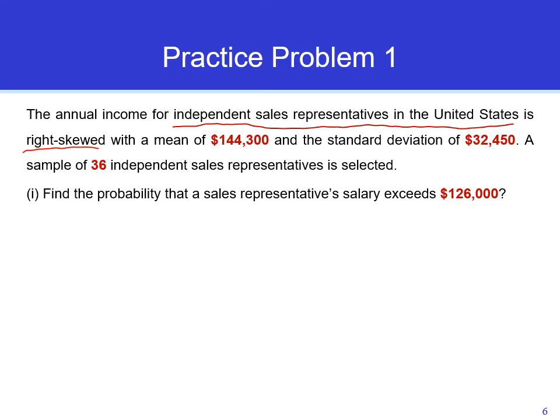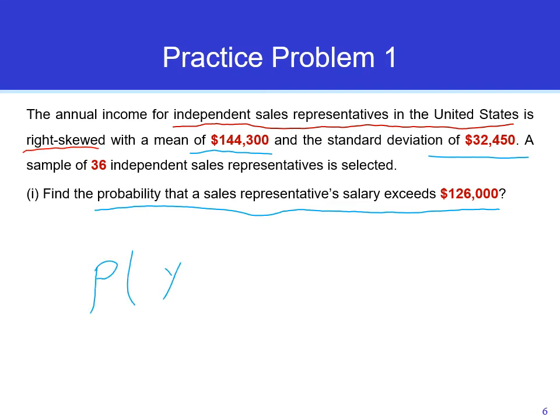We also know the average salary, which is $144,300. Also, we know the standard deviation, that's $32,450. What we want to do is find the probability that a sales representative's salary would exceed $126,000. To find any probability, you need to know the distribution.